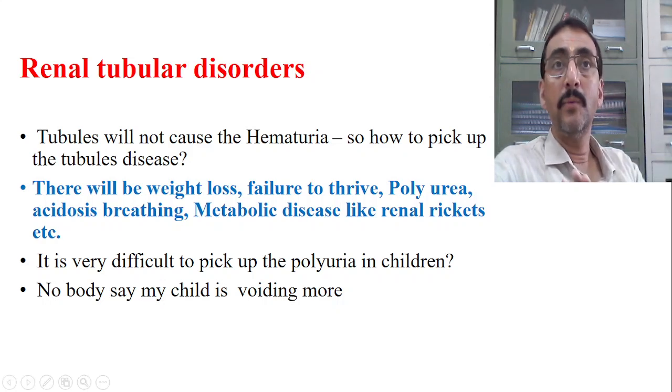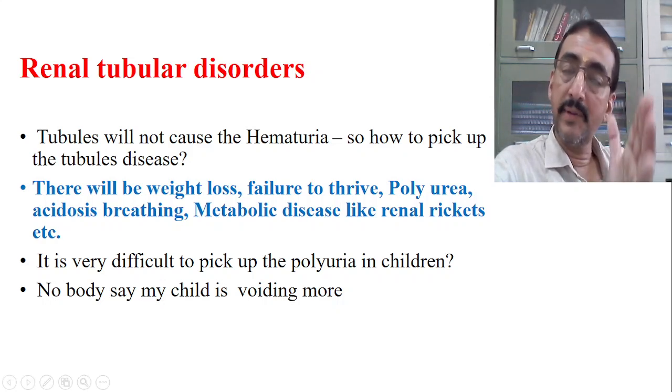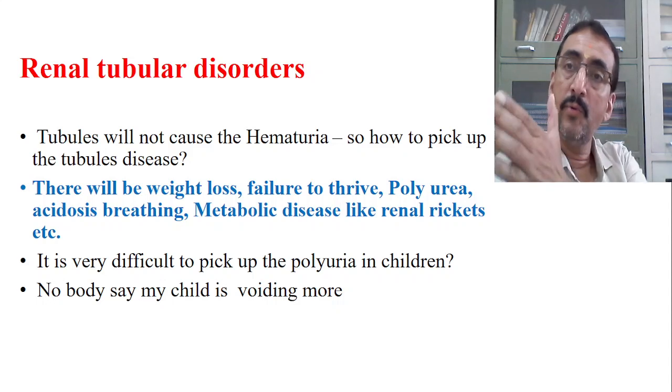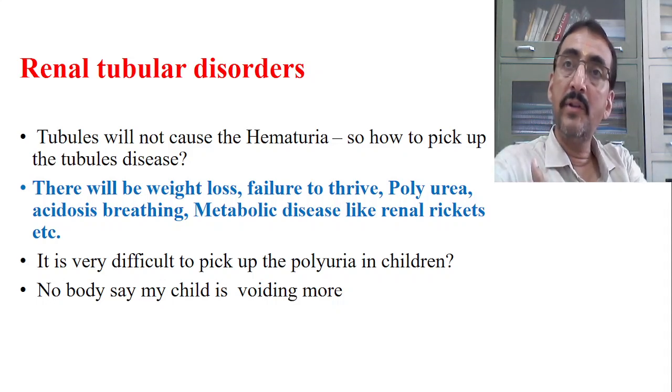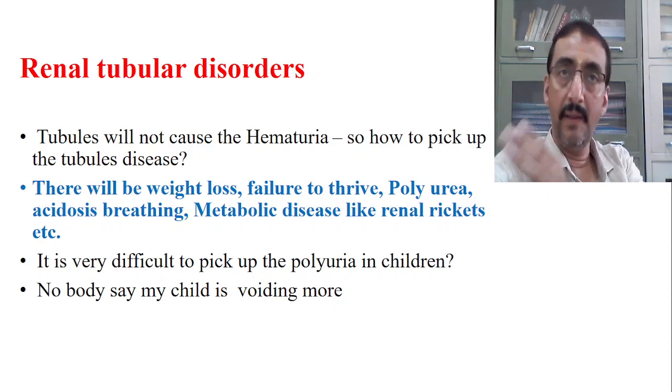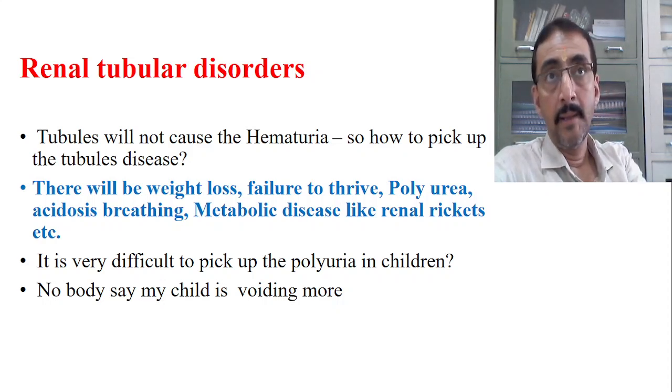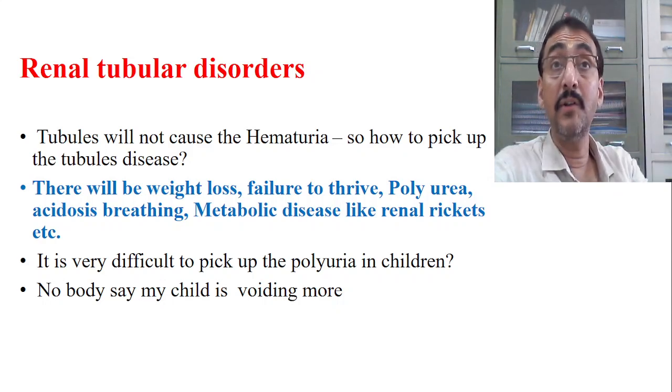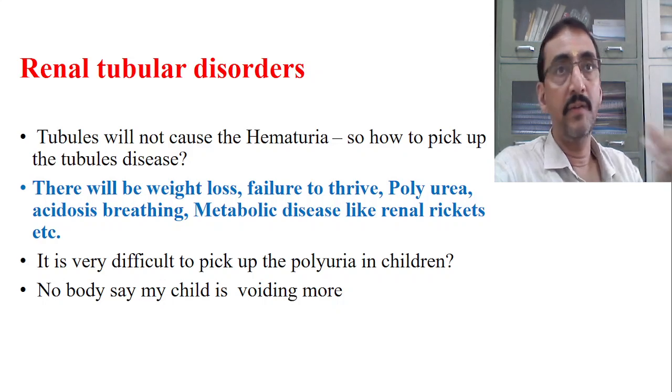Diseases present in the glomerulus, collecting parts, urethra and bladder can be very easily identified because we have hematuria there, or other disorders. But disorders of the renal tubular area are very difficult to diagnose, so you have to go for investigations.